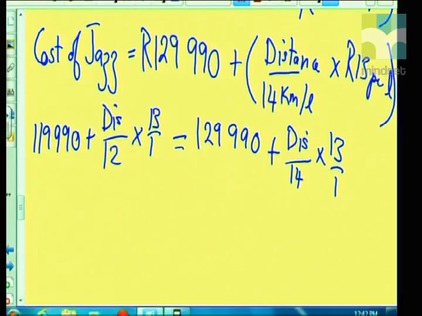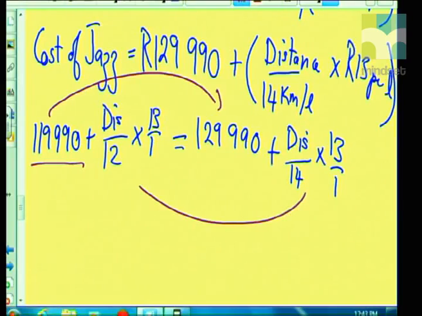I'm going to first of all subtract, and show you what I'm going to do. I'm going to subtract from this side the 119,990 from this side. I'm going to take this and subtract that from there. And what will I get left with?